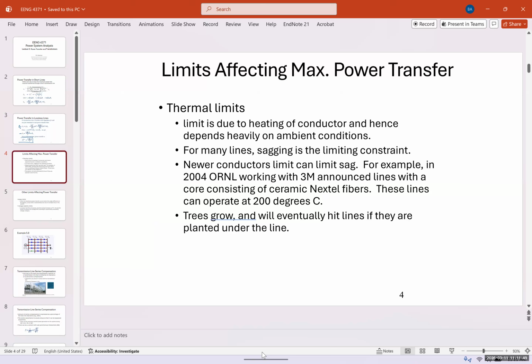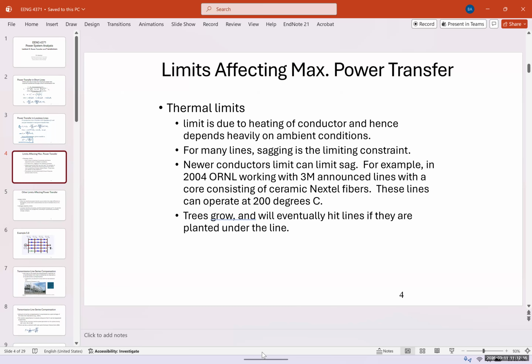Now, some limits that affect power transfer. First of all, the limits due to heating of conductors, and we already discussed this. When you have a resistance in the transmission lines, that resistance translates to heat.